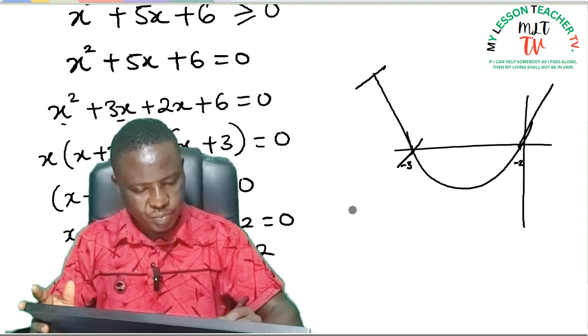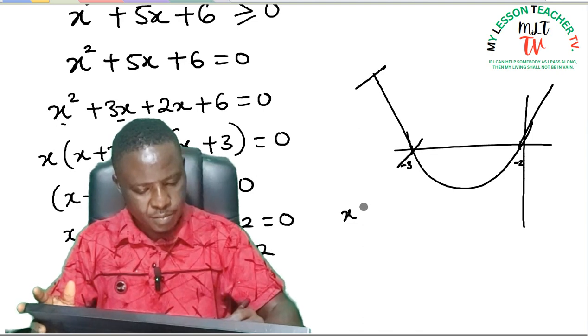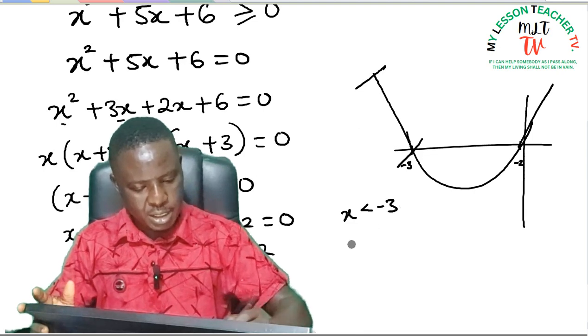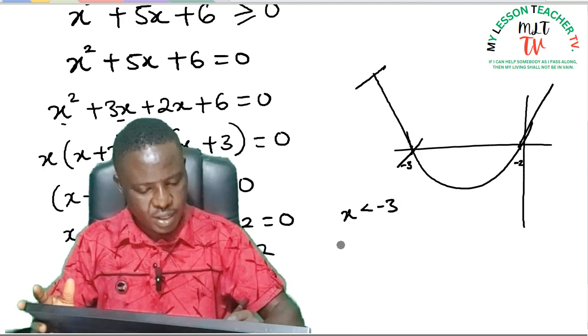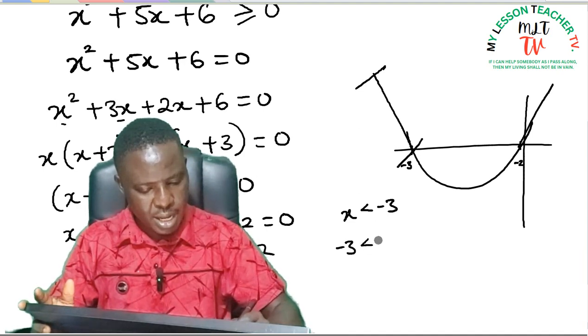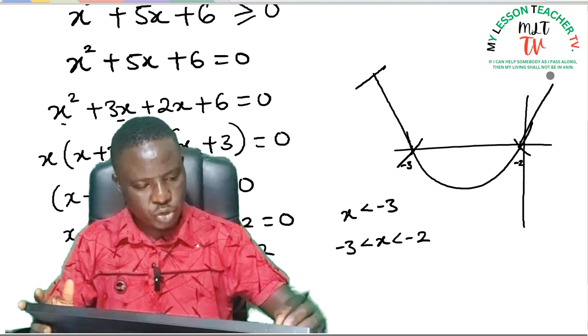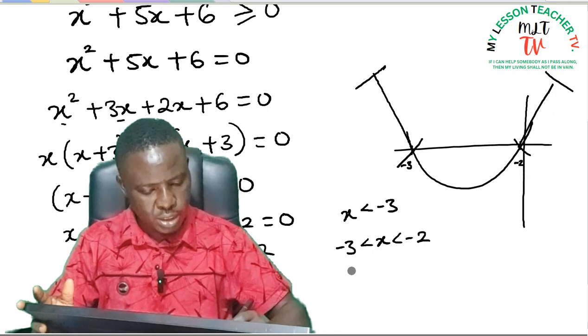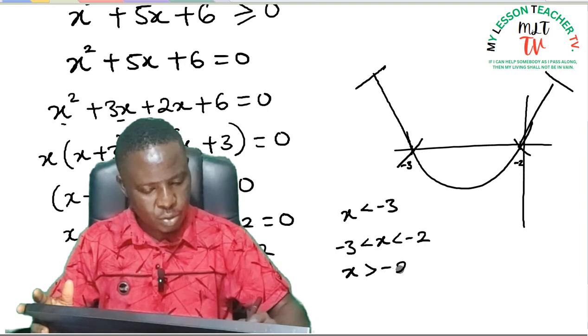One is the region where x is less than minus 3, the second region is where minus 3 is less than x and x is less than minus 2, and the third region, from here to infinity, is where x is greater than minus 2.